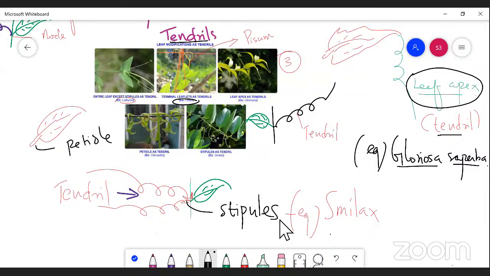Here, the petiole is modified into a coil-like structure. This petiole is modified into a tendril. So that is called simply the petiole as a tendril, which acts as a tendril in some cases, that is Clematis. I am giving Clematis as the example.